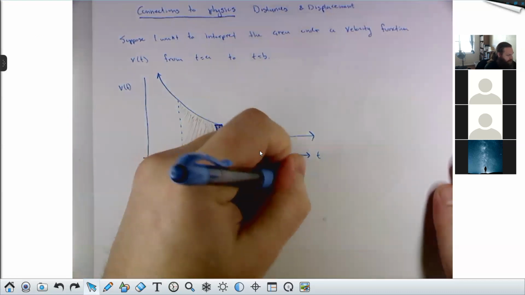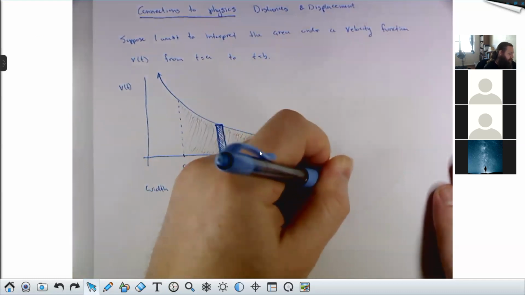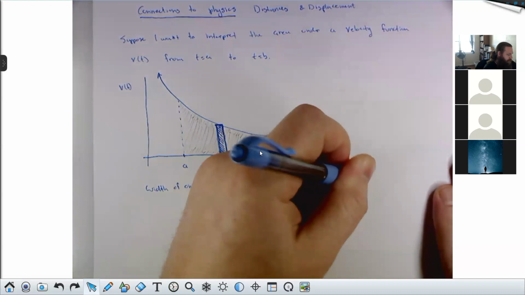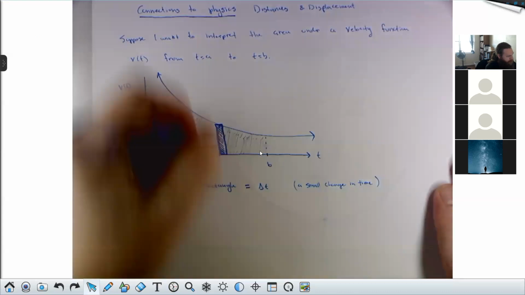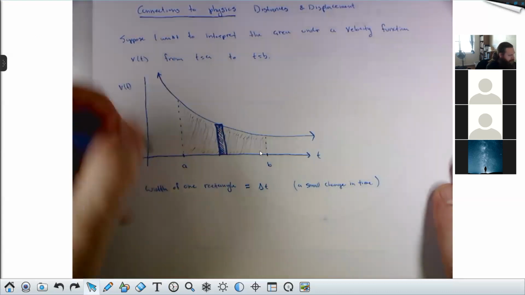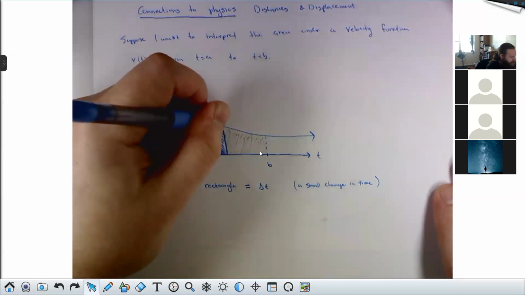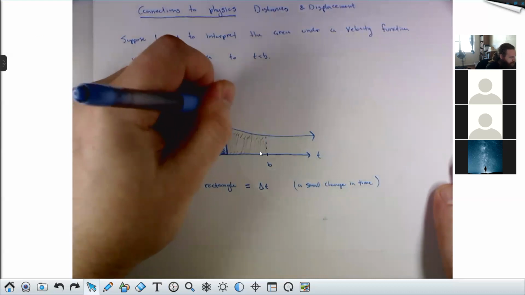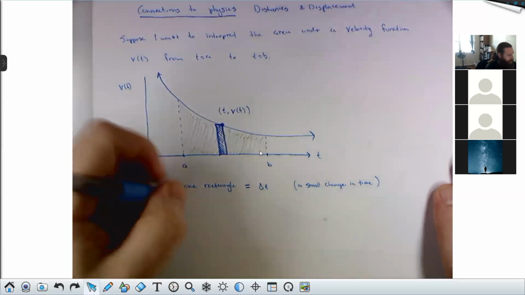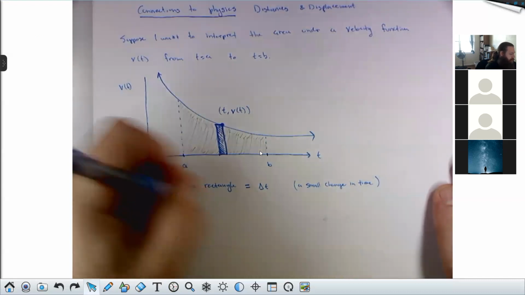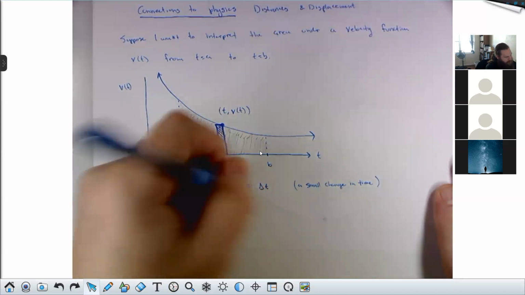It's a little change in time. The height of that rectangle: here I'm at a point, I'll just call it t. So this point on the graph would be t, v of t. The height of one rectangle is v of t.